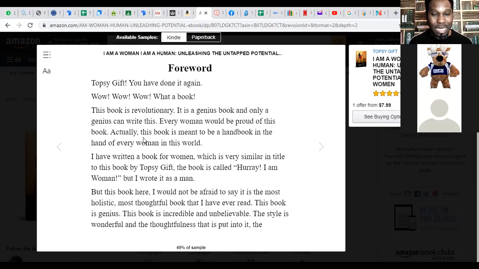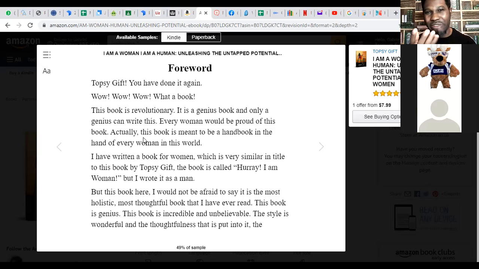But remember that writing a foreword is not obligatory, it's not compulsory. It's just something that you may want to do to give credence and validation to your book, to make people know that somebody who is popular read your book and recommends it.